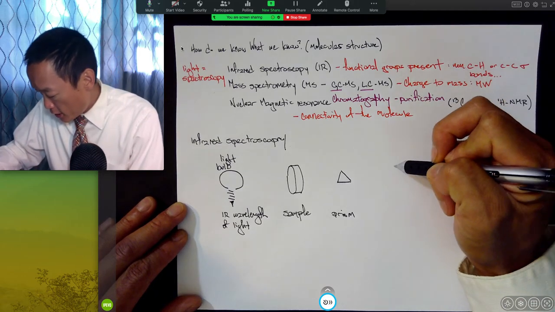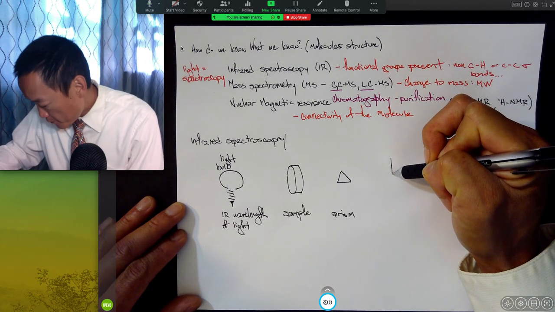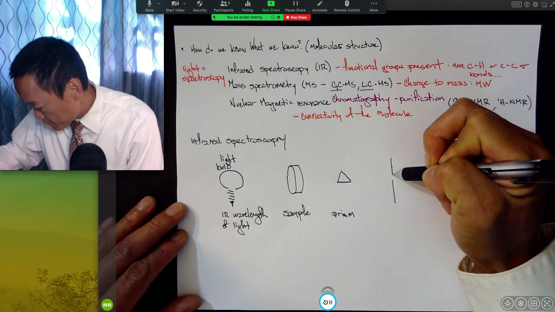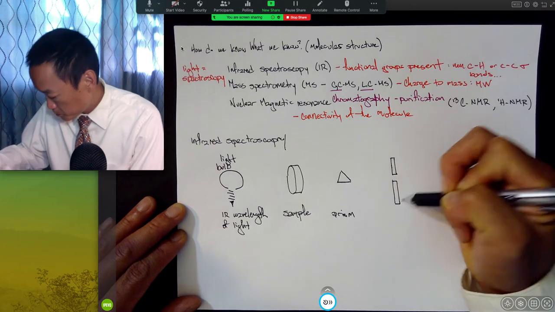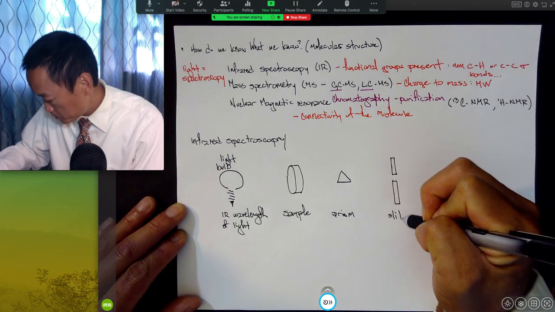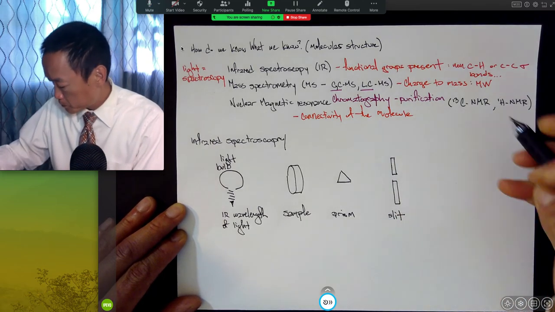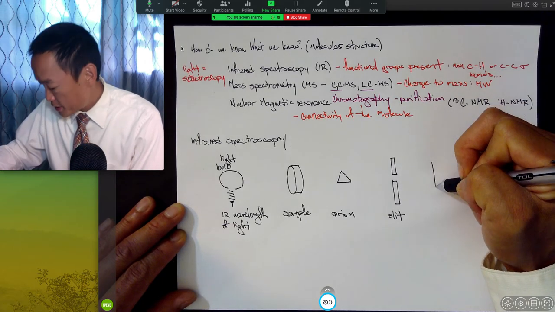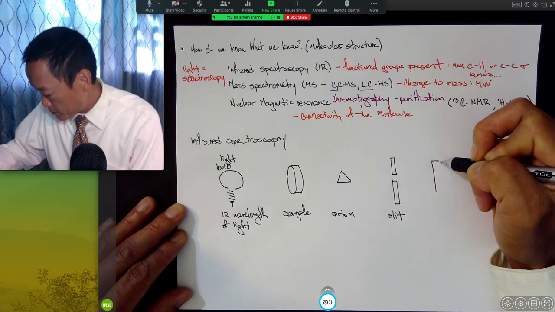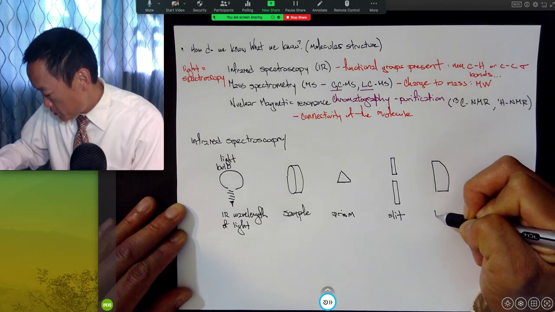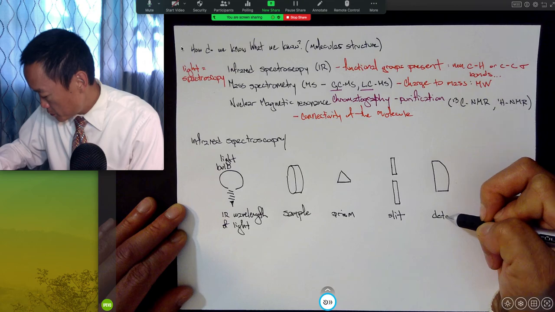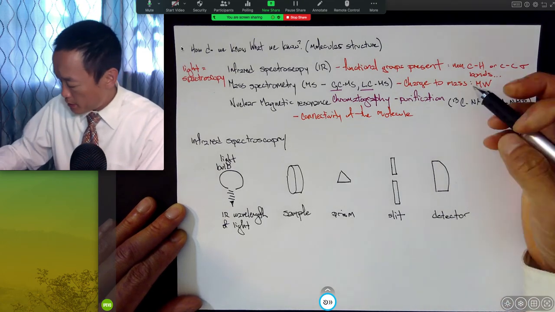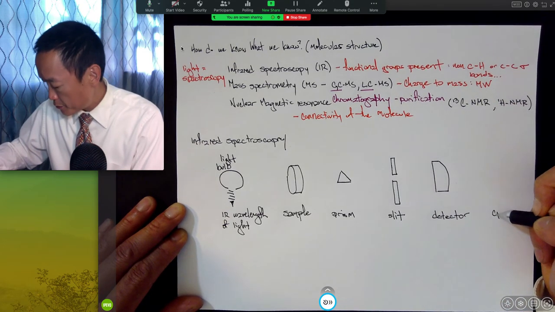And then what you have is some type of slit, then a detector, and then your CPU.